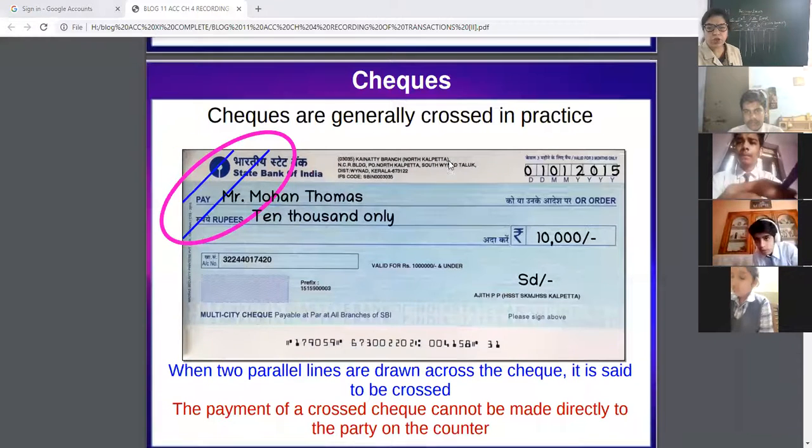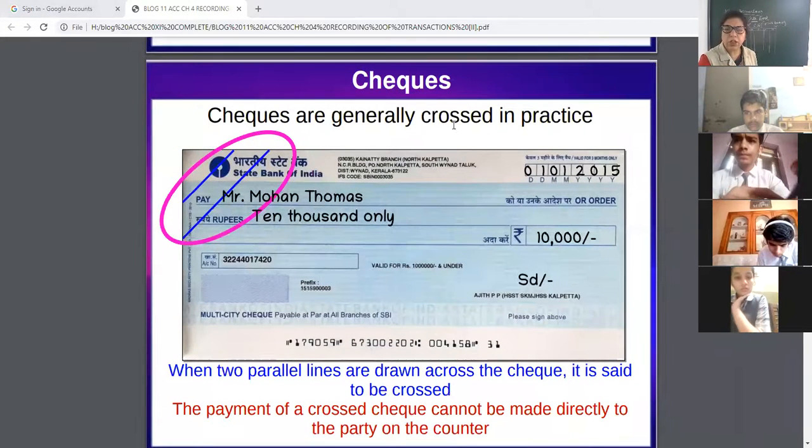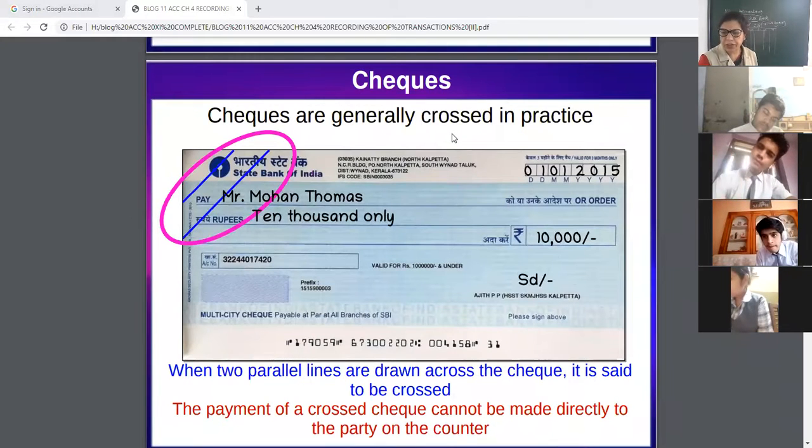What is crossing? Note down please, crossing of check. Checks are generally crossed in practice when two parallel lines are drawn across the check.